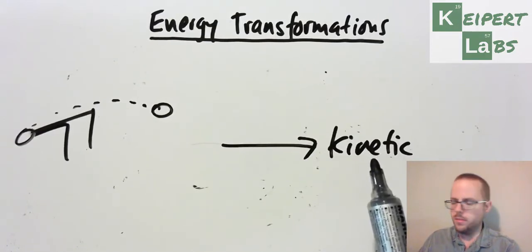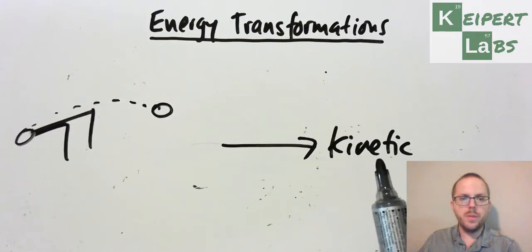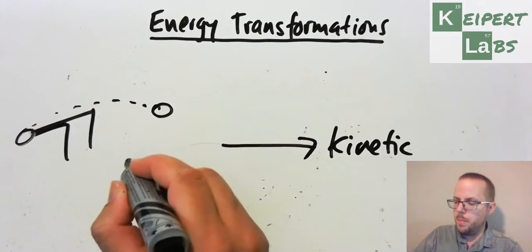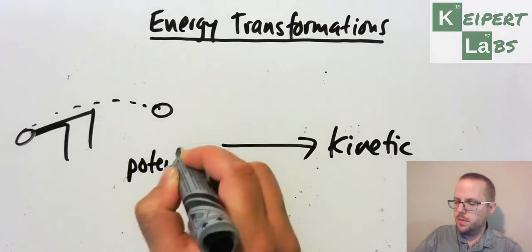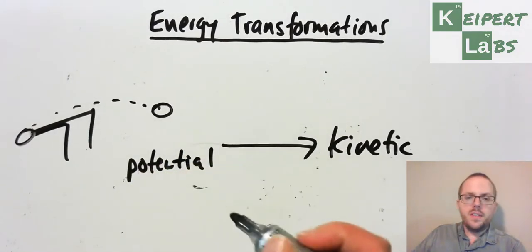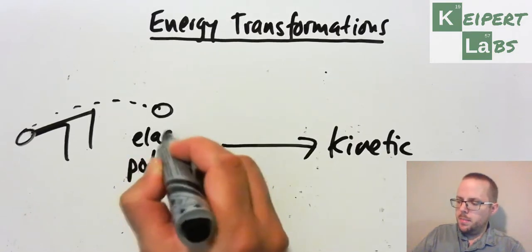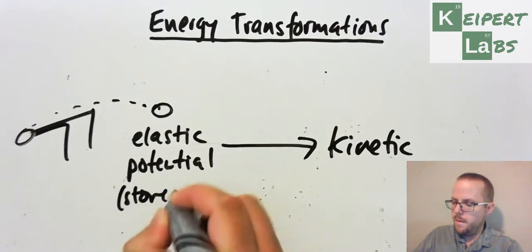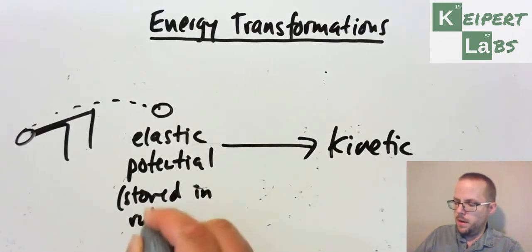It started off still, but it was in a rubber band that was pulled back. So remember, it's being stored in the rubber band, so it's a type of potential. Now in this situation, we're talking about elastic potential, stored in the rubber band.